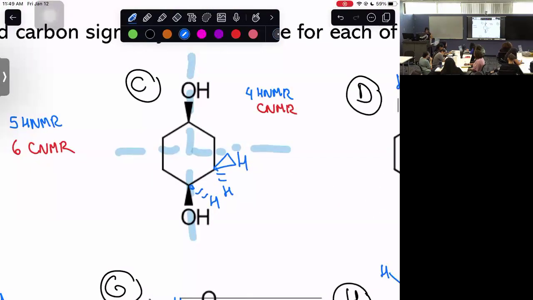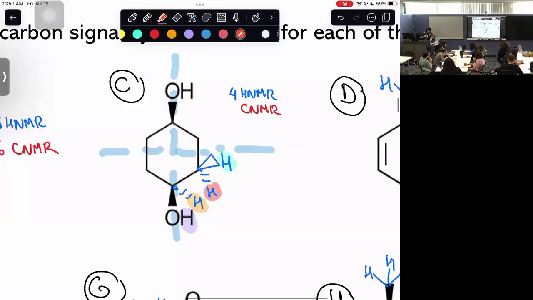Now, the little hydrogen right next to the oxygen, there's only one unique signal. Okay, little baby hydrogen right there, second signal. Now, the next two hydrogens, why are they different from each other? They are cis and trans to the alcohol group that you see there. So that's why this one is different. And the dash one.